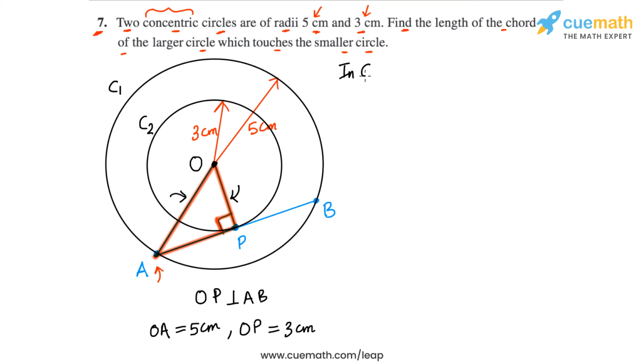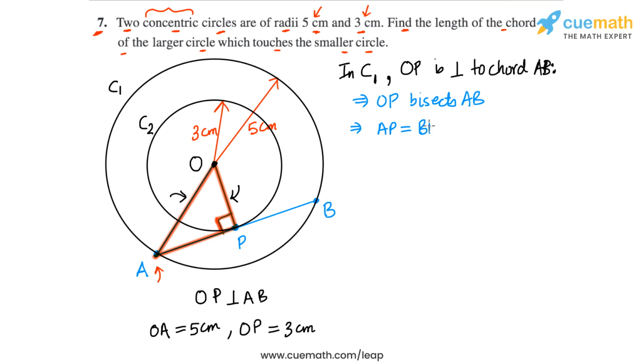In the outer circle, AB is a chord, and OP is perpendicular to it, therefore OP bisects AB. This means that AP is equal to BP, and both are equal to half of AB.